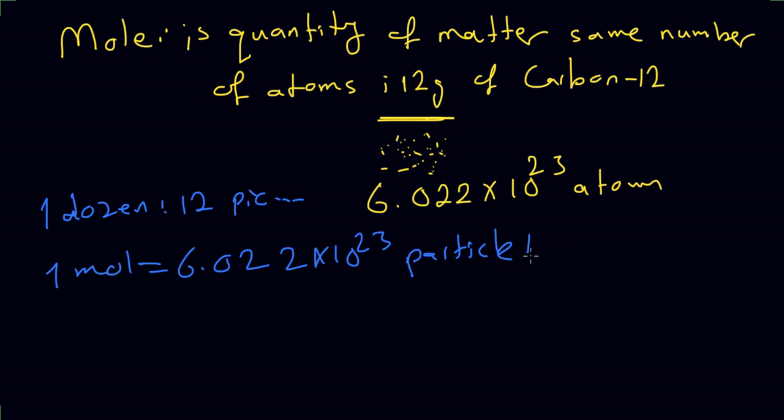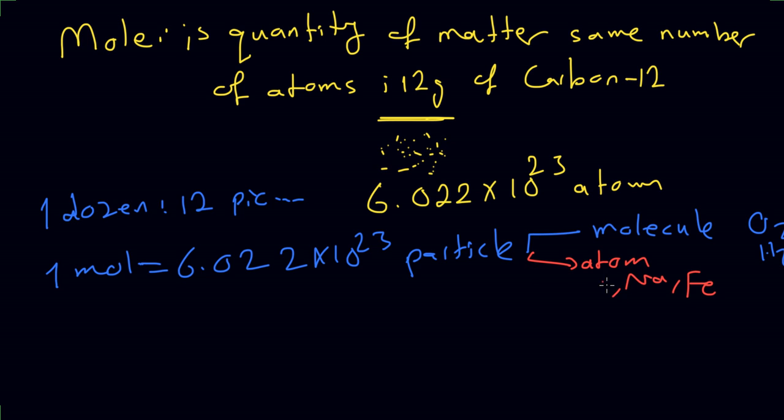Particles could be molecules like O2, like H2, used for those diatomic molecules. It could be atoms like Na, like Fe, like carbon. It could be ions in the solution.